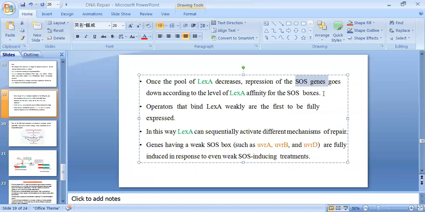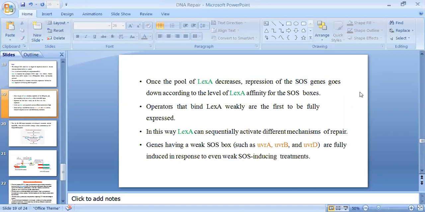SOS genes are very important because, as I have already told you, SOS is a DNA repair mechanism in which several proteins are involved to repair in a certain way, followed by activation of the SOS genes. So when LexA decreases, repression of the SOS genes goes down according to the level of affinity for the SOS boxes. What are the SOS boxes?